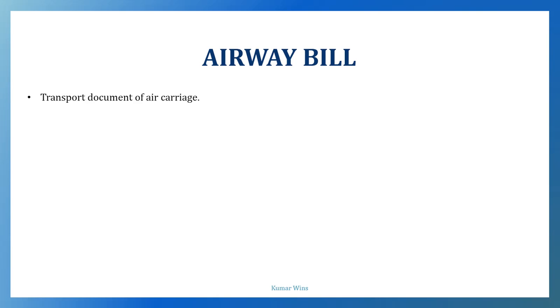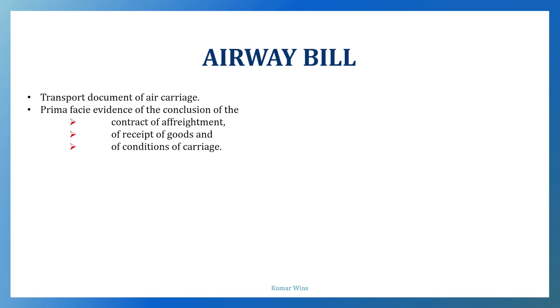Now, airway bill. Airway bill is basically a transport document of air carriage and prima facie evidence of the conclusion of the contract of affreightment, of receipt of goods, and of conditions of the carriage.